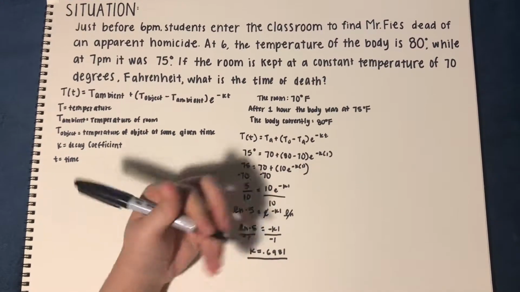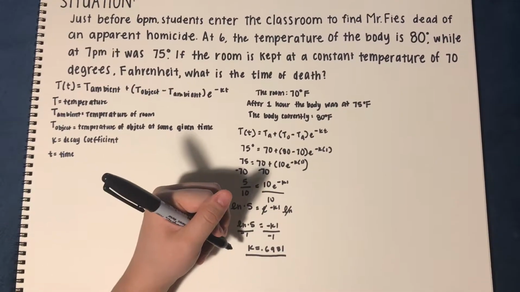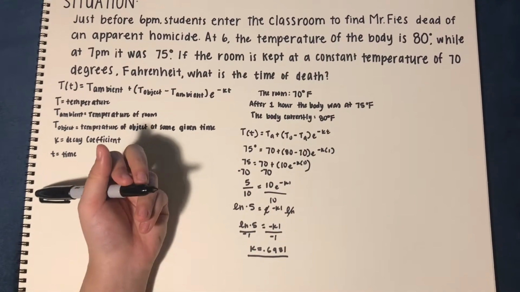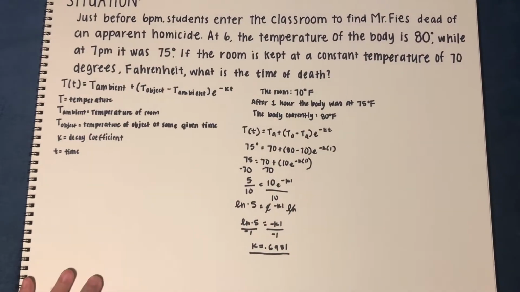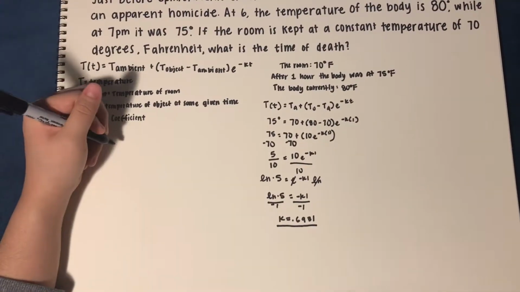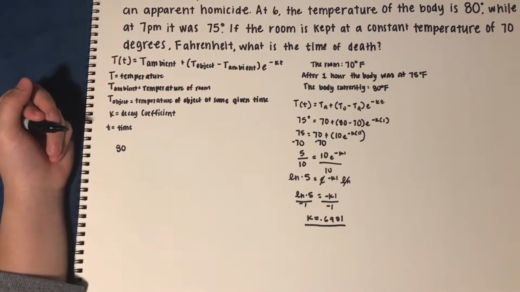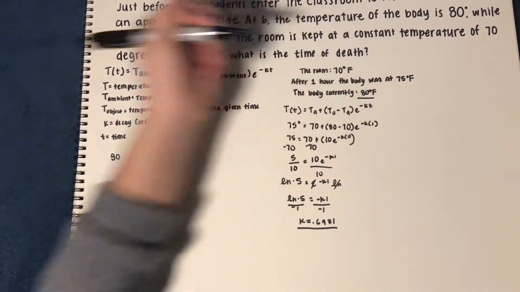And since we have found our K, that means that you would be able to find the approximate time of death. Okay, so now to the second equation. So let's do it right here. You will now use 80 because that's the body temperature currently.